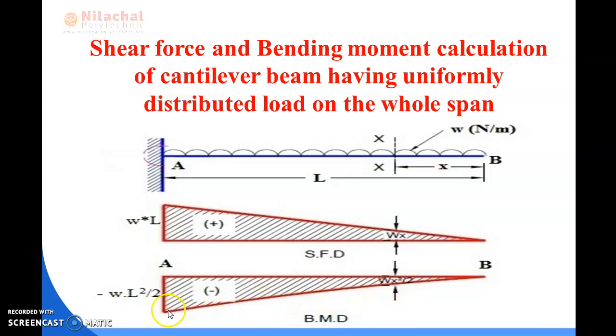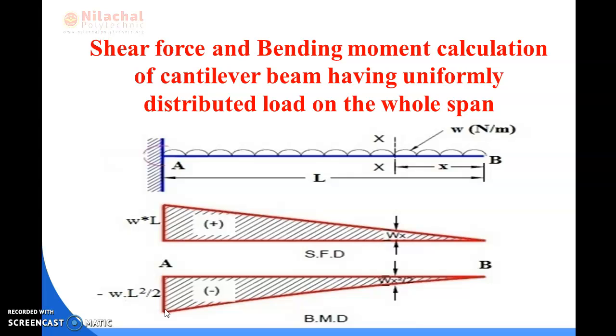Then for case 2, that is at the fixed end support, the value of bending moment is WL square by 2. So we got the value and mark the point over here. Okay. So now just join these points with each other and join all the points to the reference line. Hence, your bending moment diagram is completed.